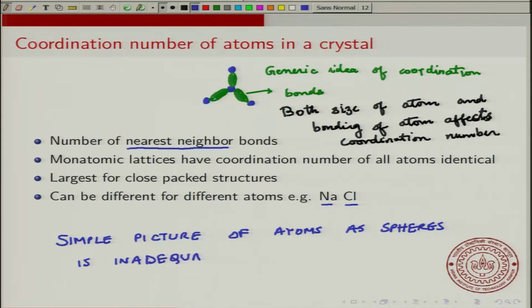Just thinking of an atom as a sphere and all these spheres as packed together is actually fairly limited, but it is still a useful concept. It is inadequate, but still very useful.